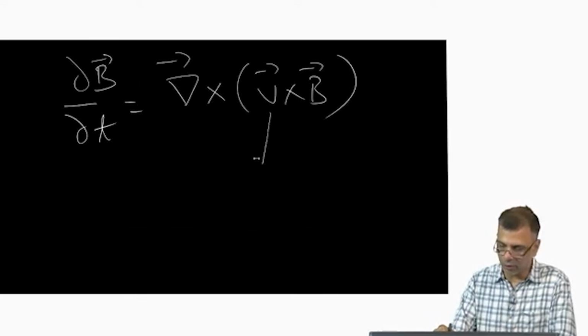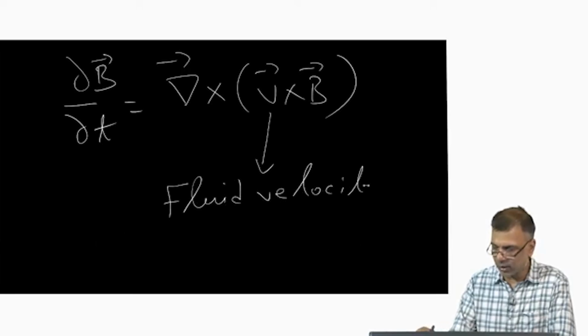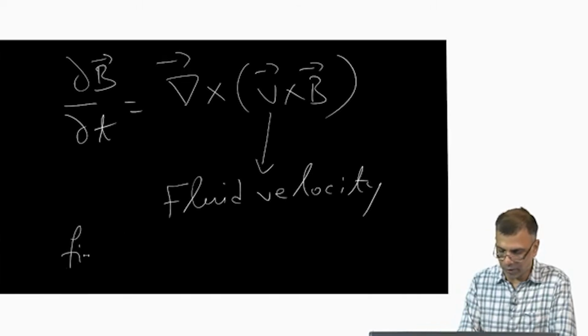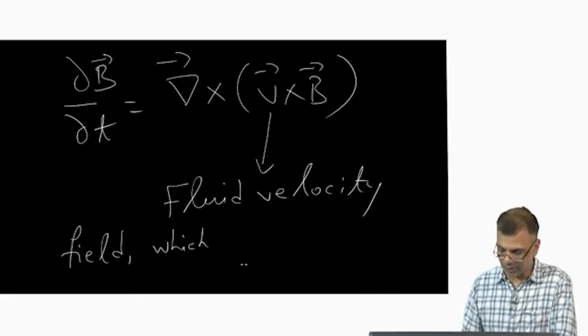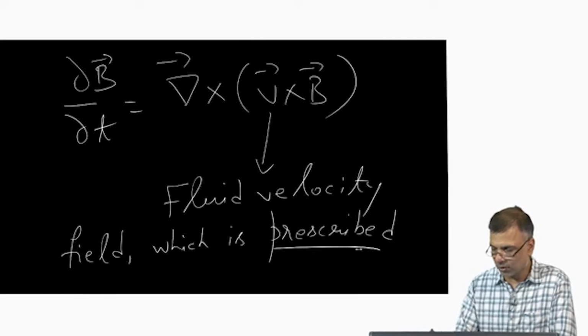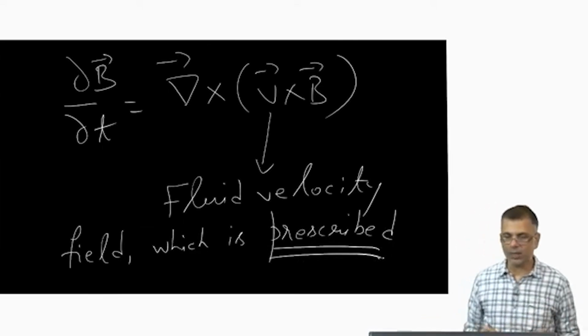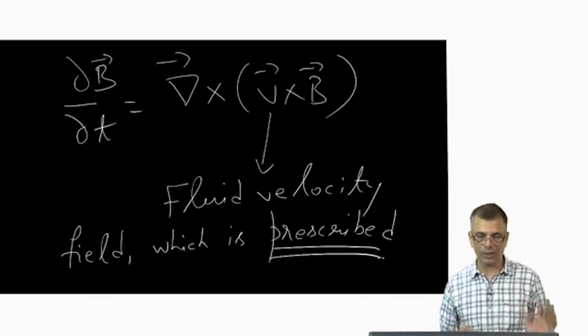So this would be the fluid velocity field, which is prescribed, and I will explain what I mean by this word. What I mean is that I am not solving for the fluid velocity field in this case.